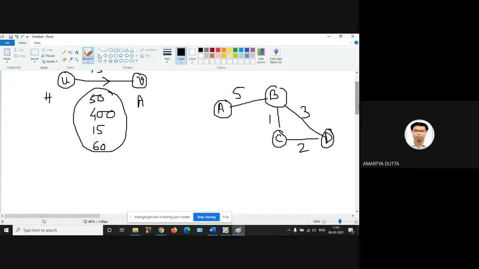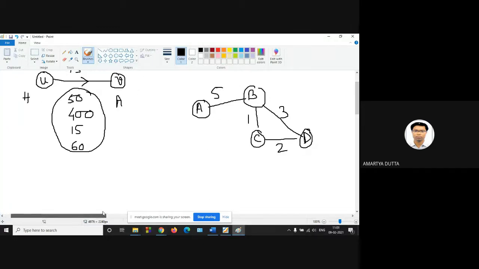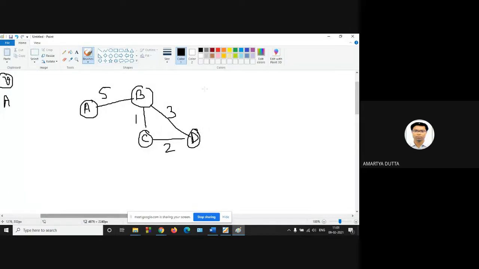So this is a graph. Is it a cyclic graph or acyclic? Cyclic graph, because B, C, D forms a cycle.